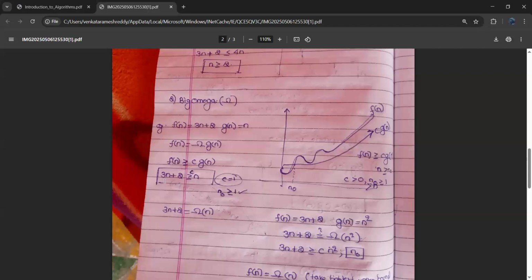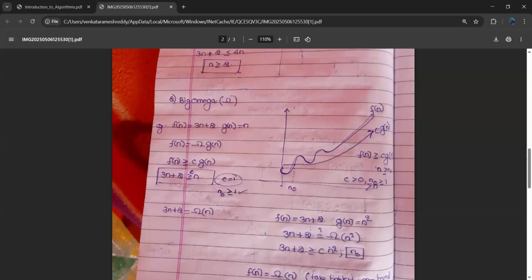You take the values from 1 to n and substitute them, and this condition will always be satisfied. From that we can say f of n equals big omega of g of n. Big omega of g of n represents f of n is greater than g of n. Big O represents f of n is less than g of n.